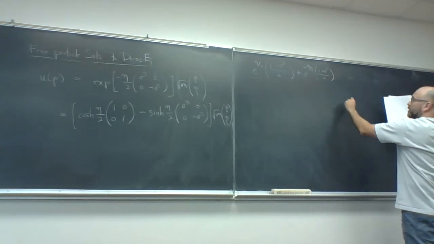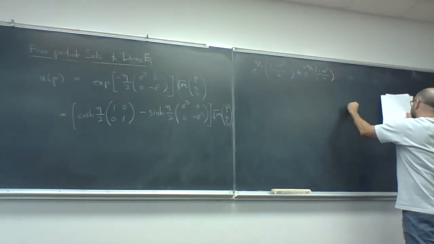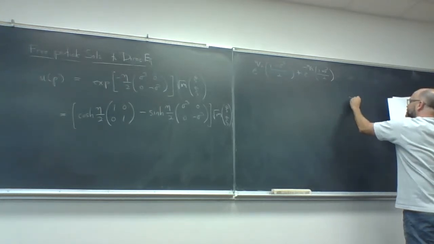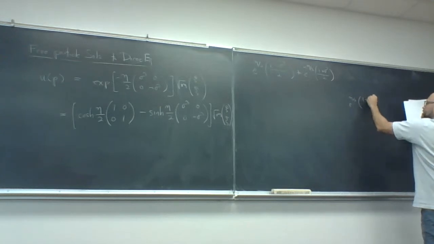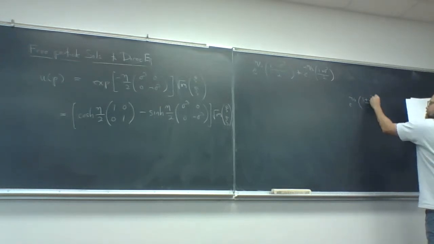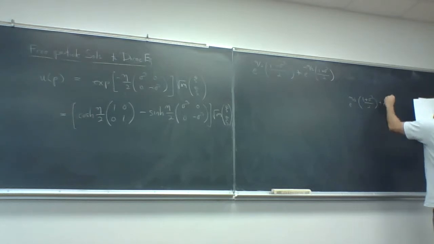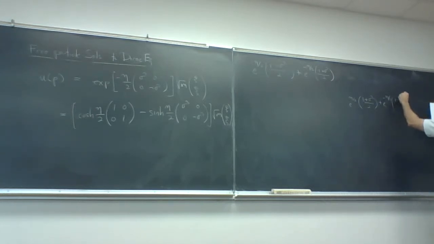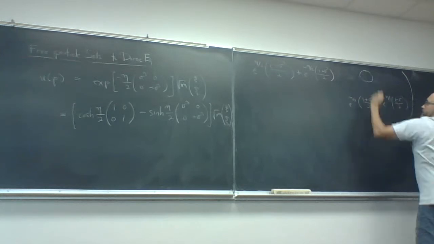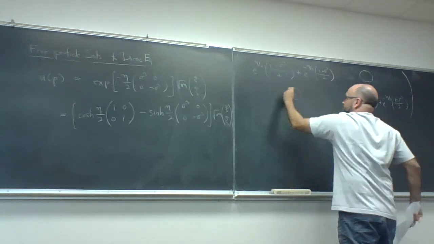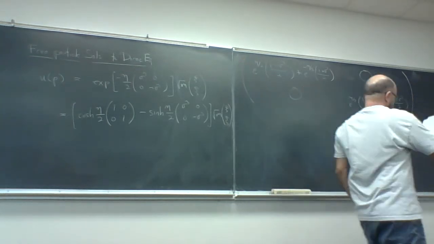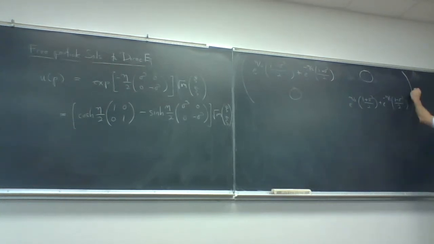That's the 1, 1 component. And then I have e to the eta over 2 times (1 plus sigma 3)/2, plus e to the minus eta over 2 times (1 minus sigma 3)/2. And there's a big fat 0 here, a big fat 0 here. This thing is multiplying our square root of m, c.